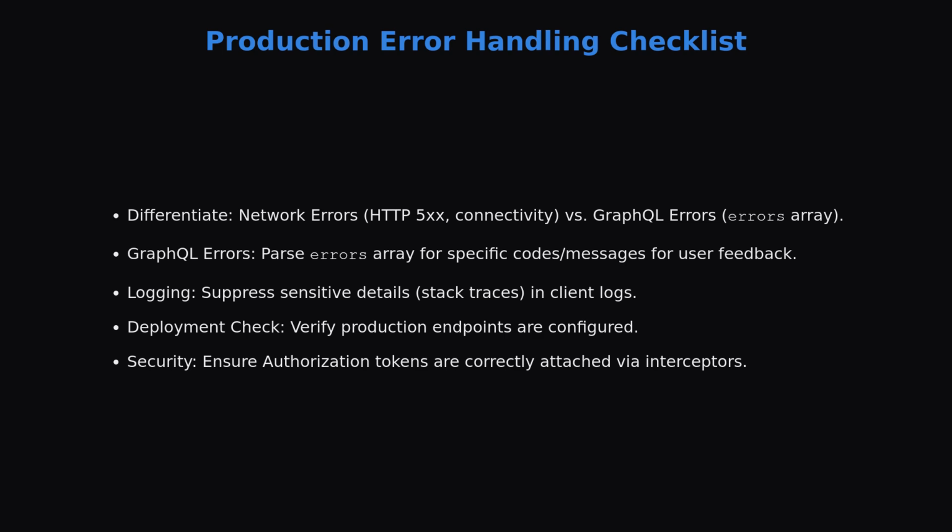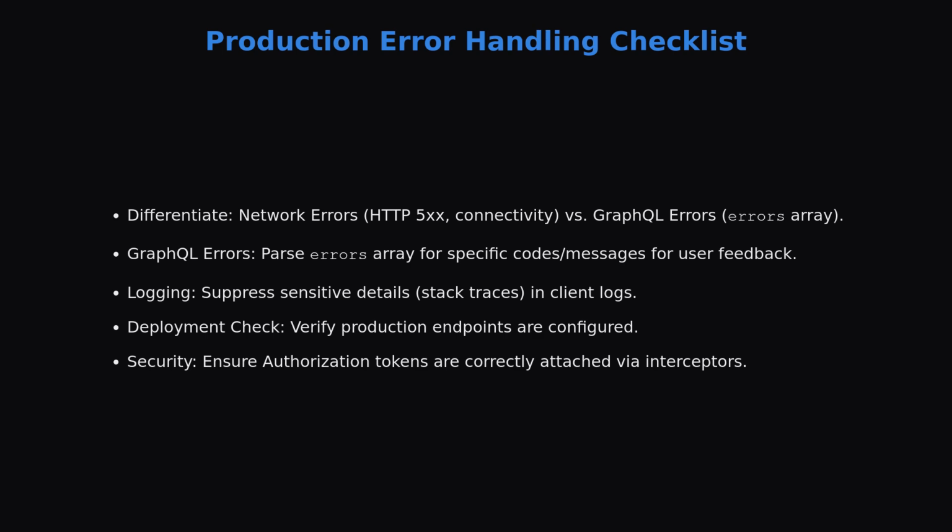Network errors trigger standard retry mechanisms or transition the user interface to an offline state. GraphQL errors mandate parsing the errors array to extract specific codes or messages for precise user feedback. In production environments, ensure that sensitive details, including stack traces, are strictly suppressed in client logs.